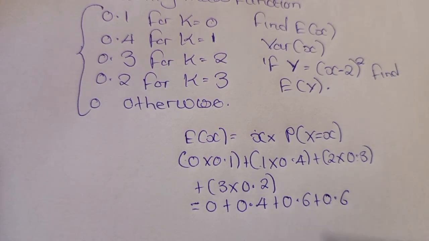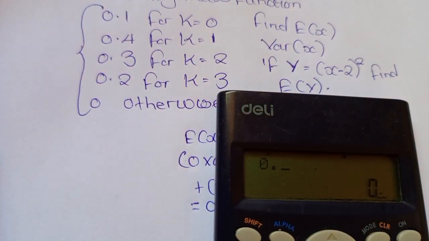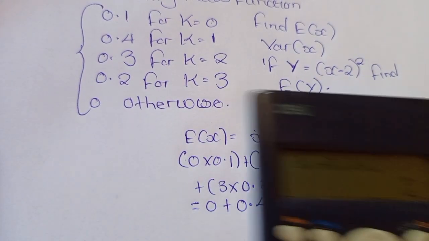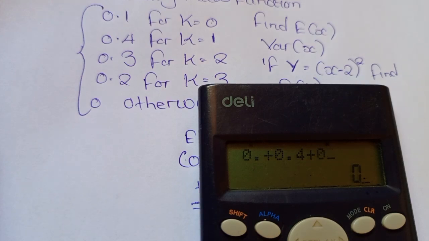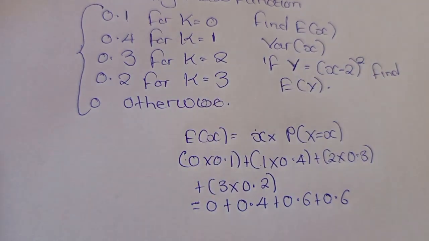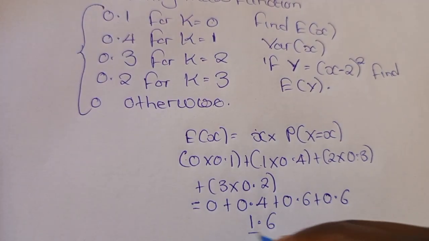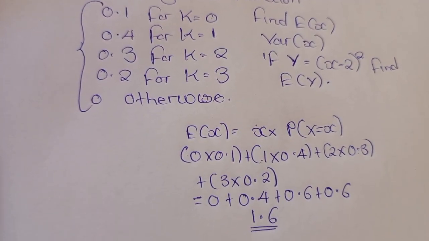So you grab your calculator and add 0 plus 0.4 plus 0.6 plus 0.6, and you get your answer to be 1.6. So this is simply the expected value of x.